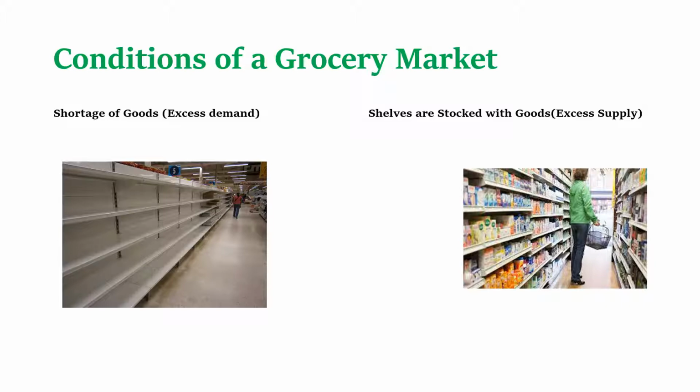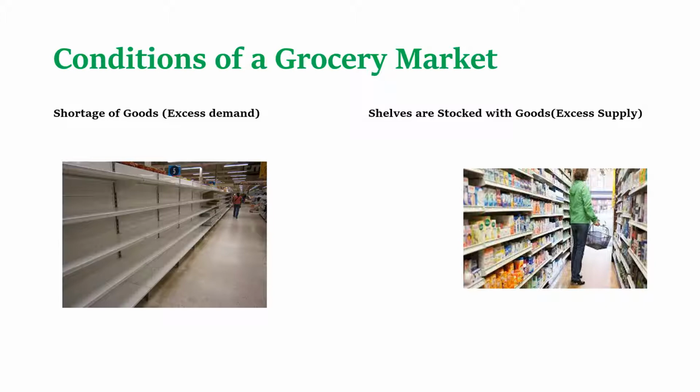But during the reigns of Robert Mugabe, if you go to Zimbabwe, this picture was taken in Zimbabwe. So you go to the shelves, you didn't see anything on the shelves. There was nothing on the shelves, even though people want to buy the goods, right?